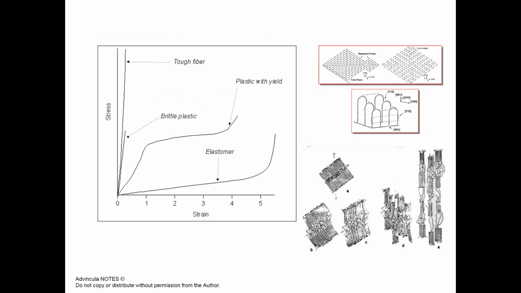Now, some of you may be familiar with this graph. This refers to the relationship of stress versus strain. Different polymers, the way they are processed and the way they are cured or thermoset, or the distribution of crystalline or amorphous ingredients, define their thermomechanical behavior. So a toughened fiber or a brittle plastic will show this stress-strain relationship. On the other hand, an elastomer can be stretched and stretched until it yields.